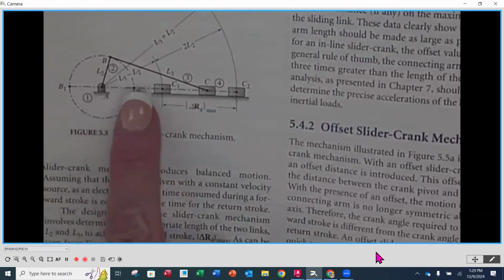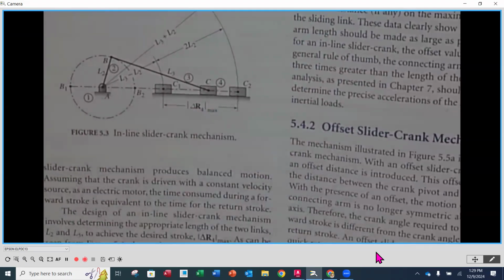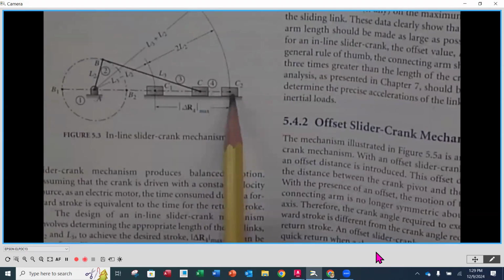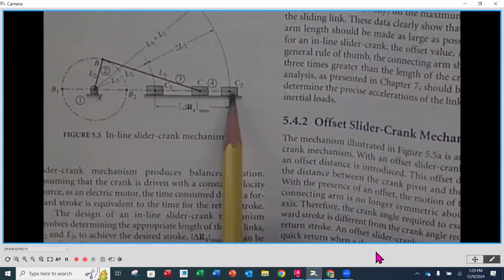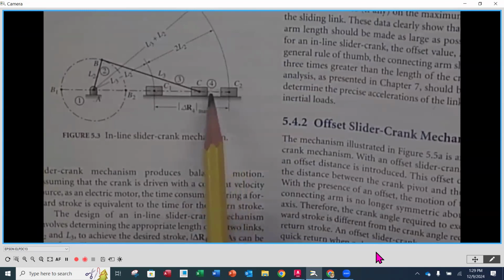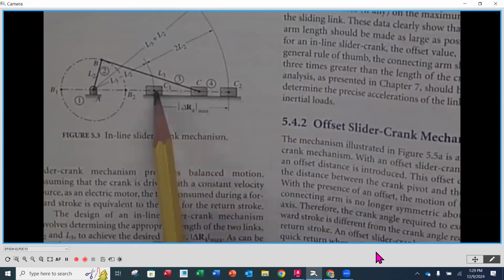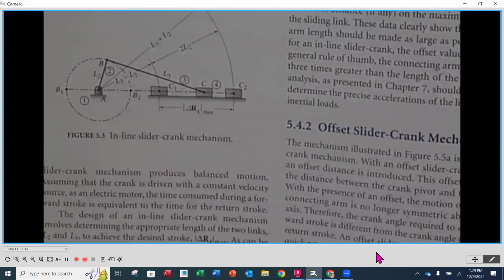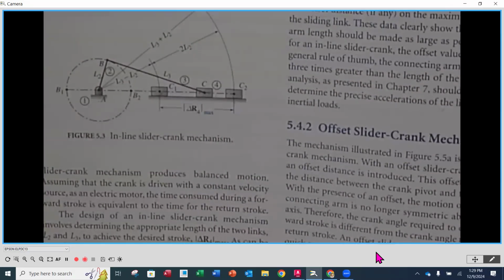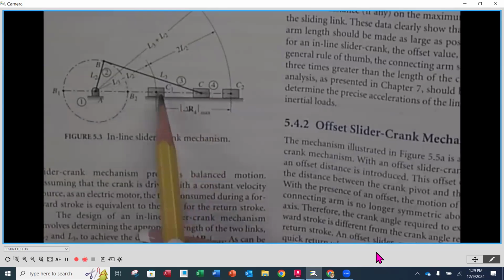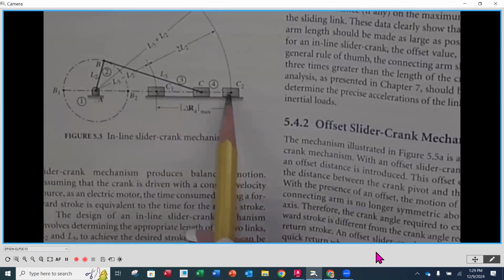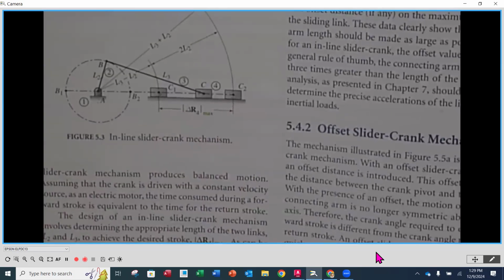The furthest out that our piston is going to go is what we call C2. The furthest that it's in is C1. So the closest position is C1, and the furthest position of the slider is C2.